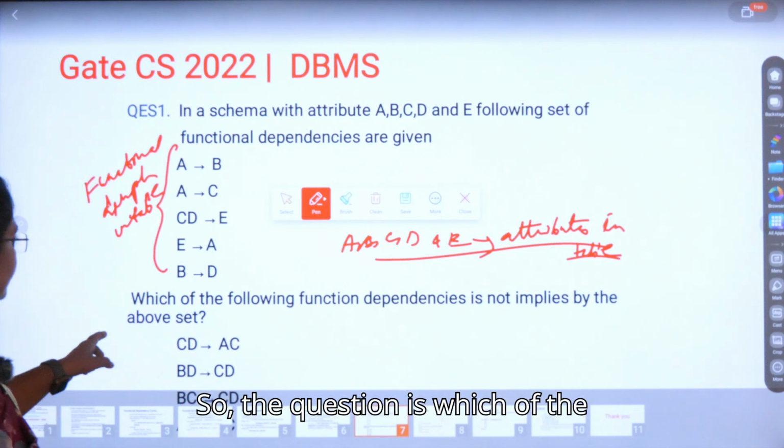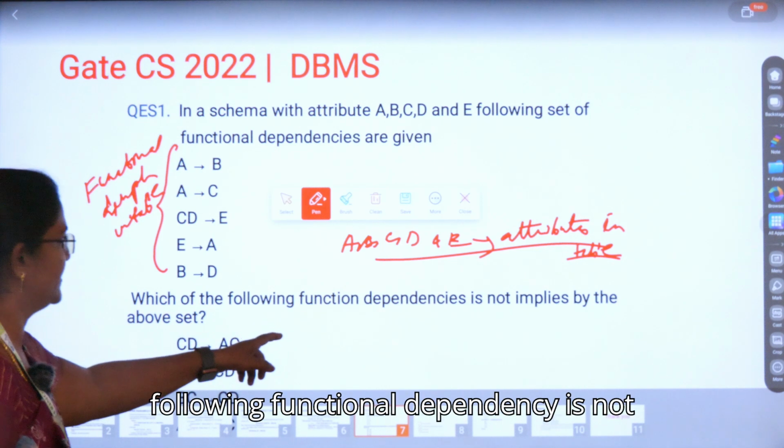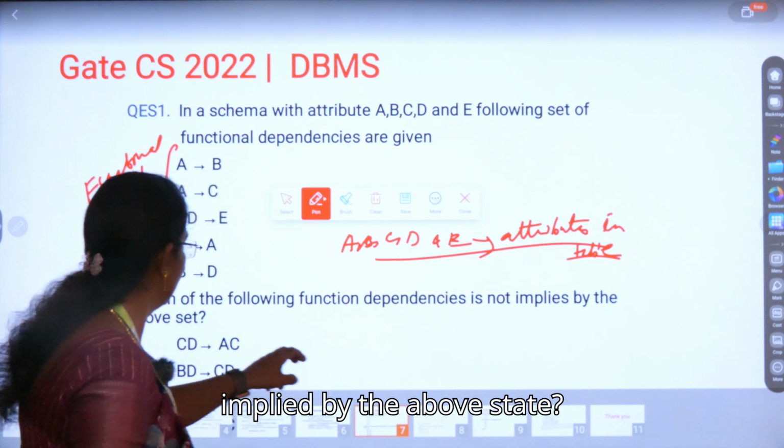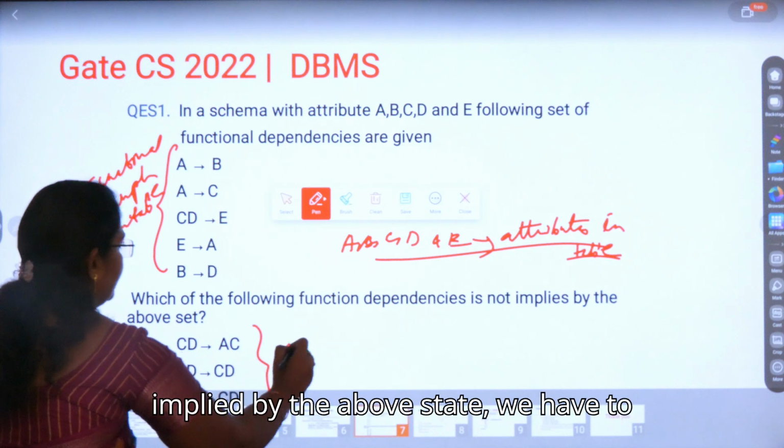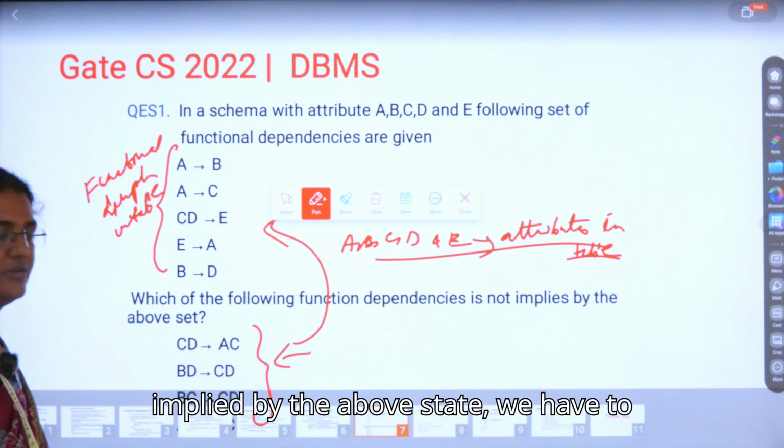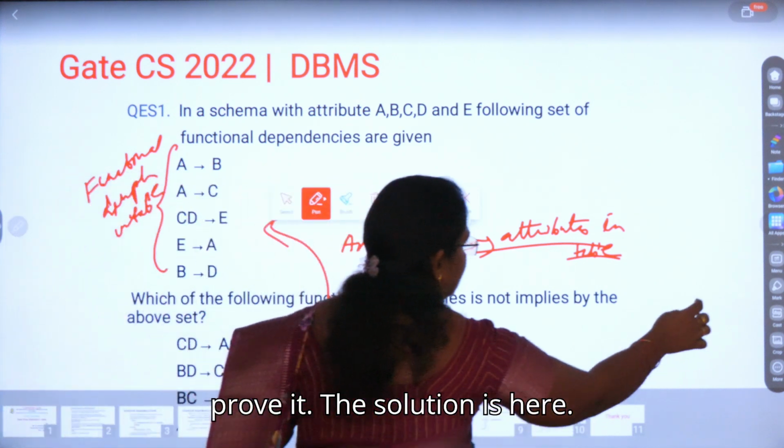So the question is, which of the following functional dependencies is not implied by the above set? So in this, we have to prove which one is not implied. The solution is here.